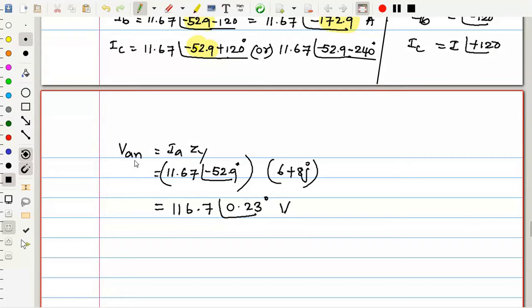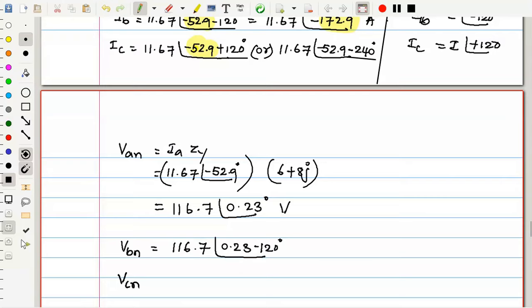So what is this? This is the A phase load voltage. Similarly, now I can write the B phase load voltage directly without calculating. Why? Because these are all balanced things. So 116.7, same magnitude, and the angle must be 0.23 minus 120. It should lag the A phase by 120.